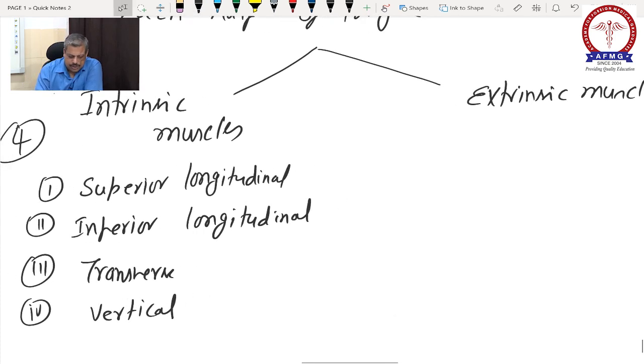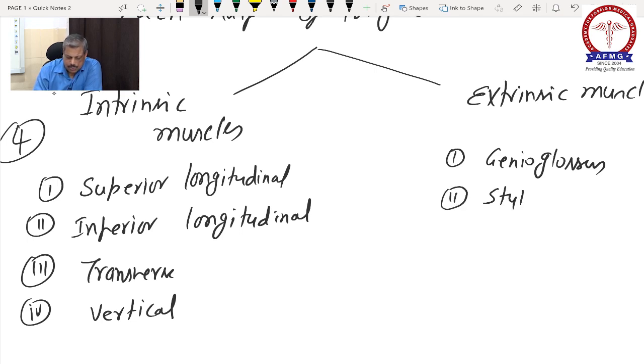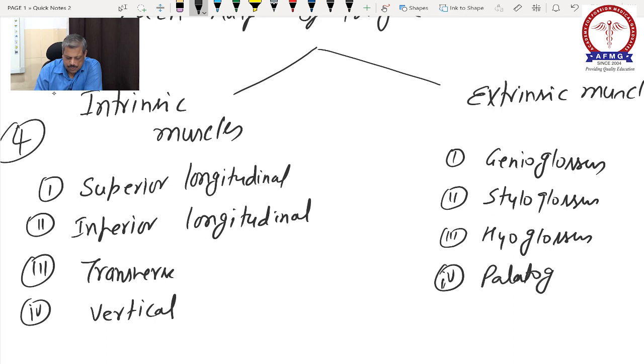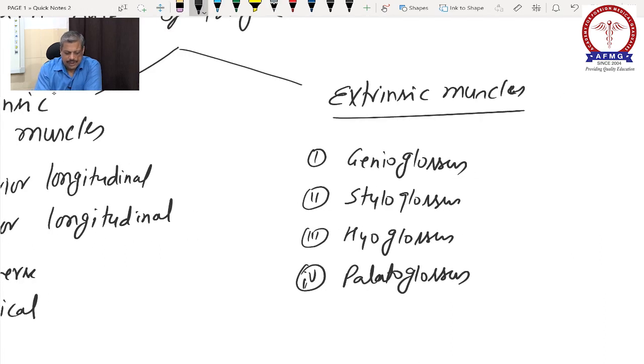The extrinsic muscles are also 4 in number, and their names are genioglossus, styloglossus, hyoglossus, and the 4th is palatoglossus. Clear? So these are the 4 extrinsic muscles. Glossus means the tongue. So when the suffix is glossus, it means it is a muscle of the tongue.